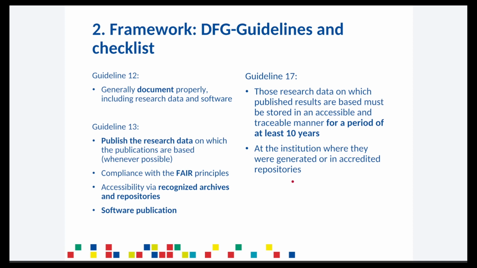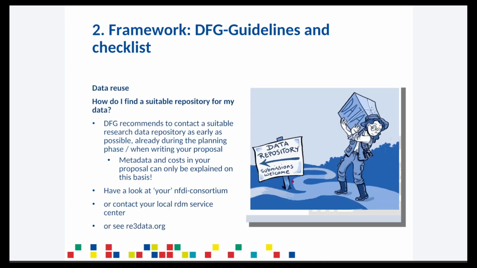So these are the most important DFG guidelines on this. And I've mentioned quite often the word data repository. How do I find this repository? Because as I said, it's not at all necessary to drop your data as a PDF on some website. So the DFG recommends to contact a suitable research data repository as early as possible.